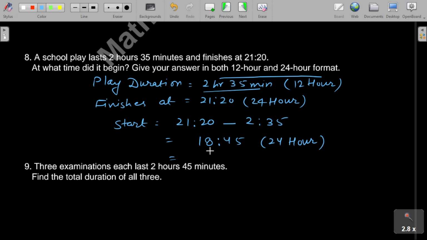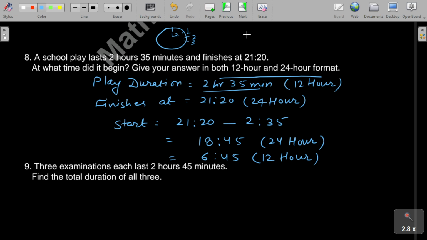So 18 means 6:45. This is our 12-hour. We know that the clock we use is in 12-hour format. So this is our 12, and this is our 1, 2, 3, this type.